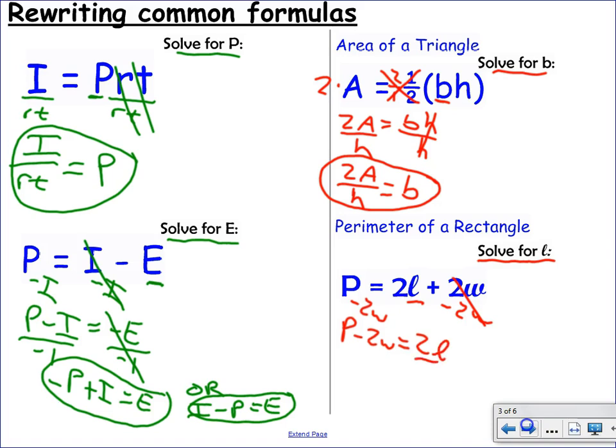And now divide by 2 to get the L by itself. So P divided by 2 minus 2W divided by 2 is just 1W equals L. We've got an L by itself. So now we've rewritten that equation for that given variable.